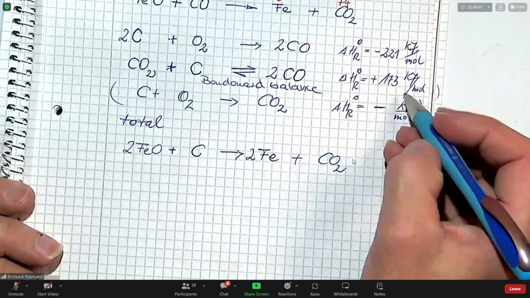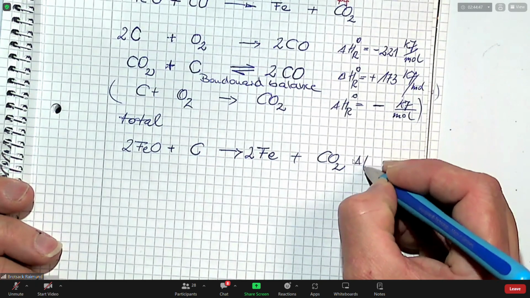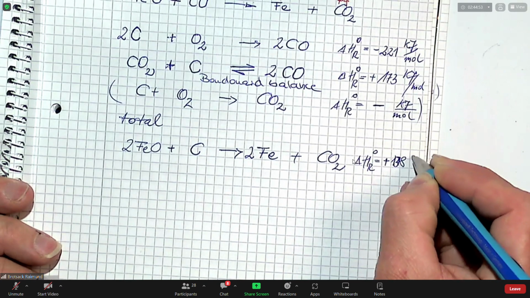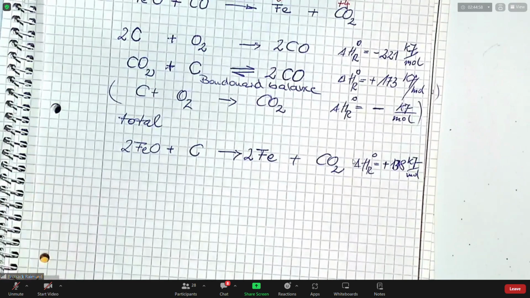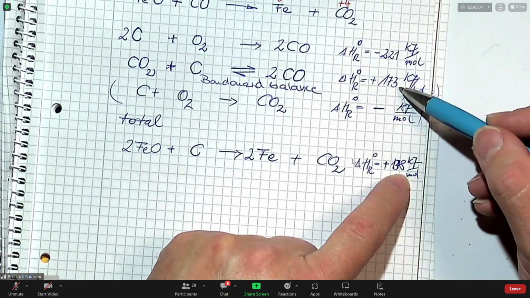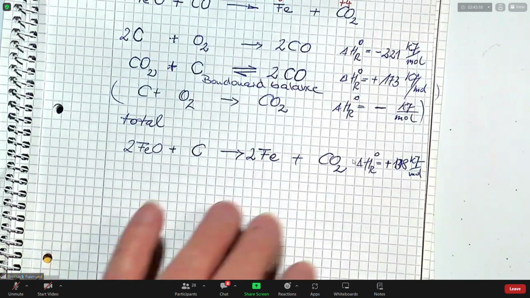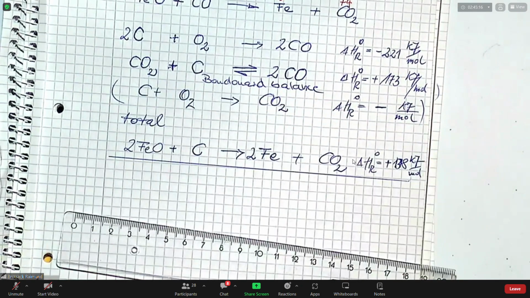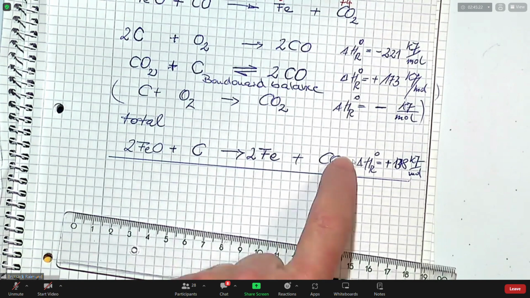And the delta H of the reaction at standard condition is plus 138 kilojoule per mole. That's the overall reaction enthalpy. So it is endothermal. So we need carbon to reduce iron. And we produce CO2.